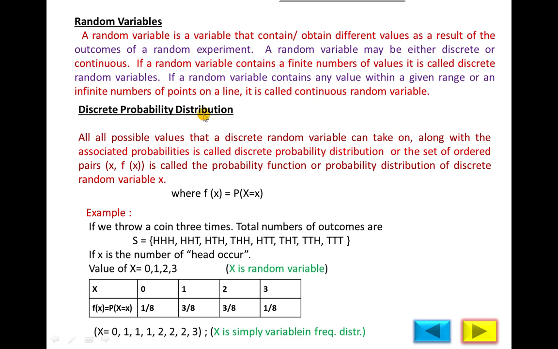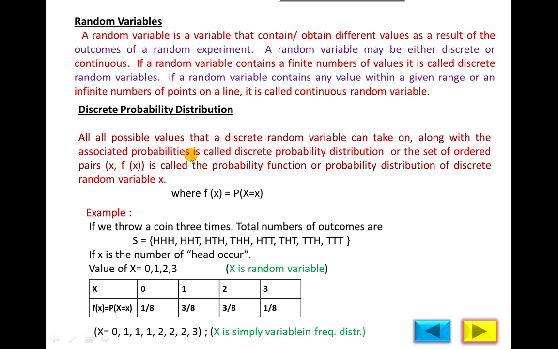So what is the probability distribution? All the possible values, all the result values that a discrete random variable can take on, along with the associated probabilities.